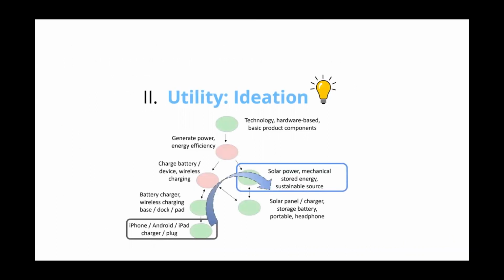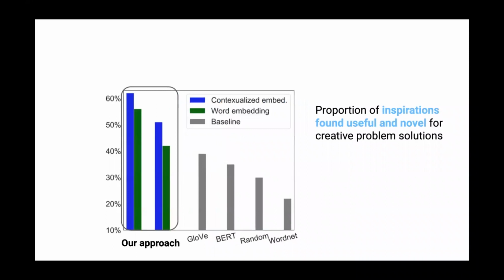Secondly, for our main result, we evaluate utility for creative innovation, using our representation to surface novel inspirations for creative problem solving. And in an ideation study, we find that our approach, based on traversing the functional concept graph, was able to dramatically increase the proportion of inspirations found both useful and novel for creative problem solving in comparison to strong baselines.